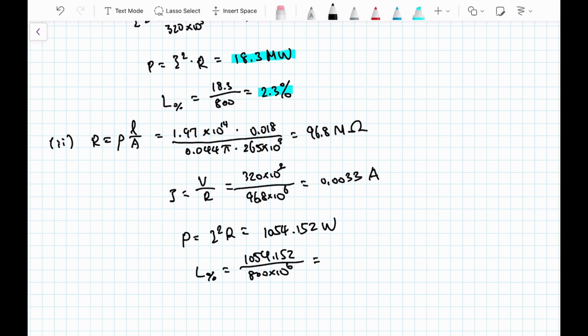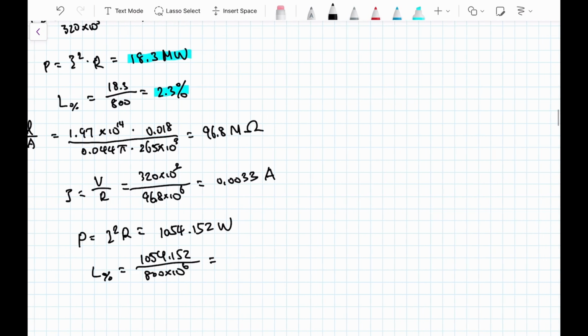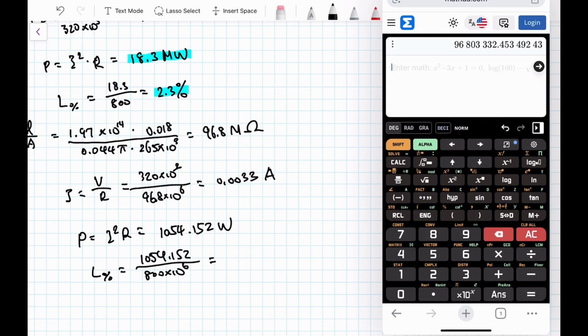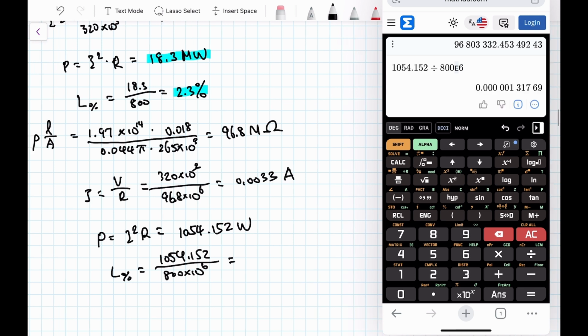So this will be a rather small percentage, so that's this divided by 800 megawatts.